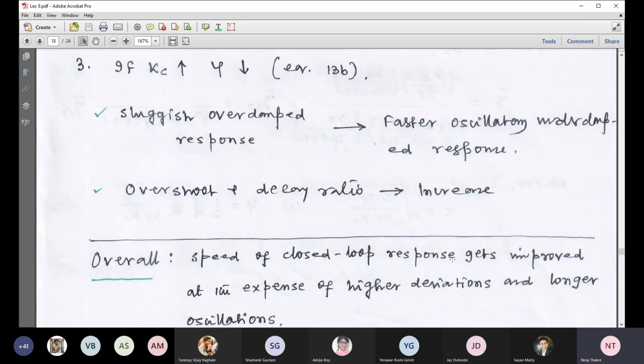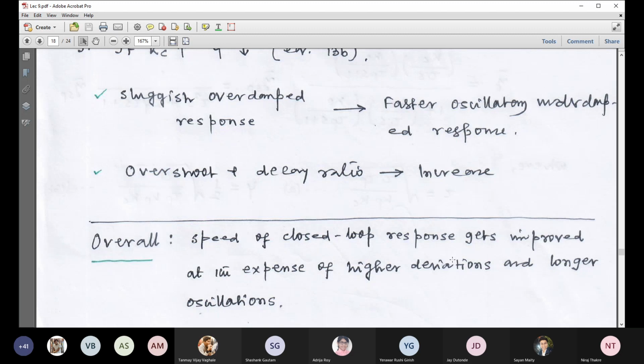So what is the overall conclusion? Speed of closed loop response gets improved at the expense of higher deviations and longer oscillations.